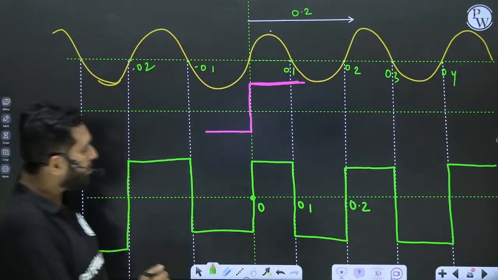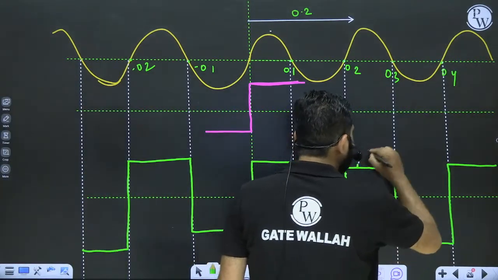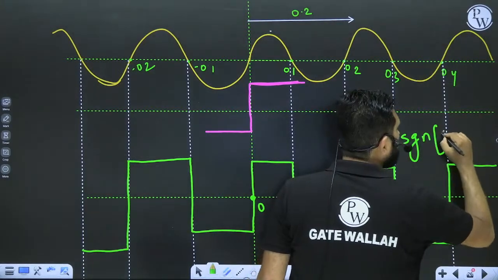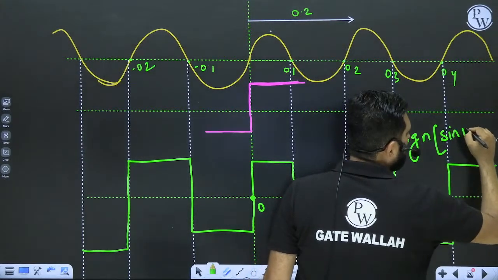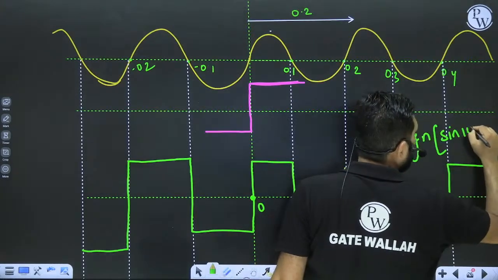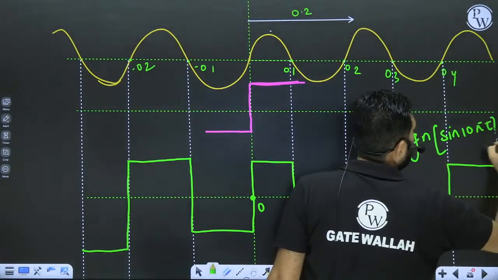So this signal is Signum sine 10 pi t. This is Signum t.